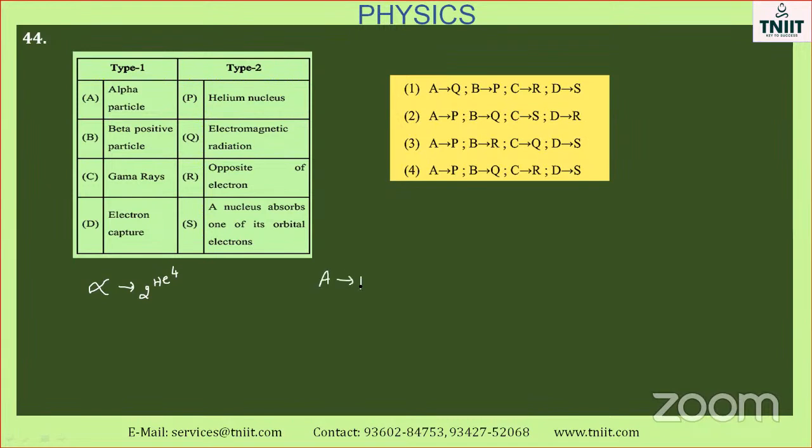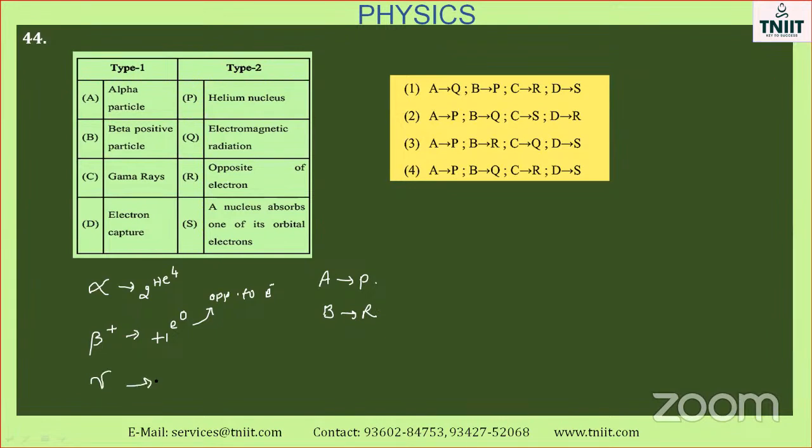So A is going to be matched with P. Beta positive particle means +1E0. This is called opposite to electron. So B is going to match with R.